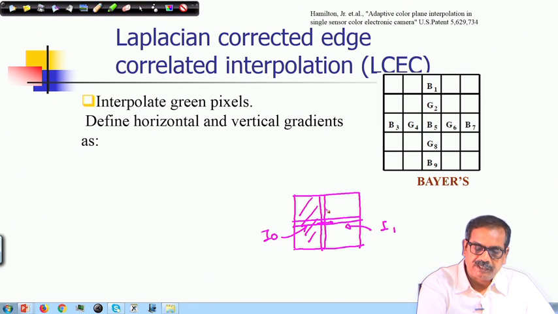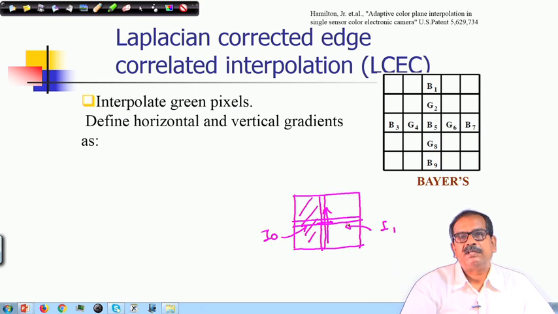Whereas, if I interpolate along this direction, we will preserve these edges, because those values are similar and there are the least gradient changes. So we can consider that value to give a better interpolation. That is the principle by which you can perform interpolation along the directions of low gradients.